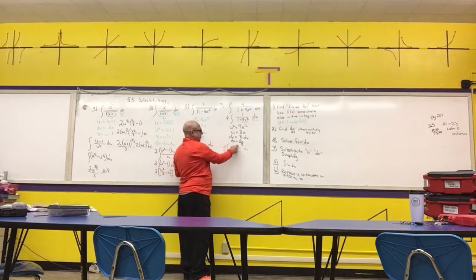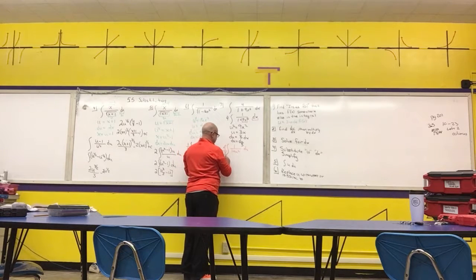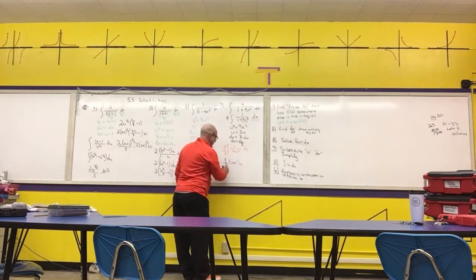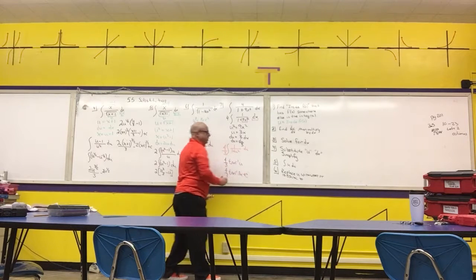The antiderivative of 1 over 1 plus u squared is inverse tangent of u. So I end up with 4/3 inverse tangent of u. Substitute back in for my u, which was 3x, and you have 4/3 inverse tangent of 3x plus c.